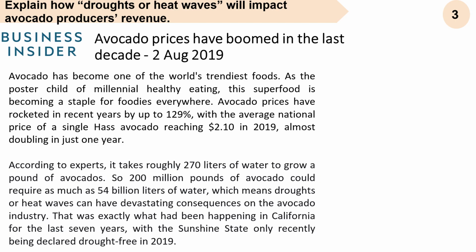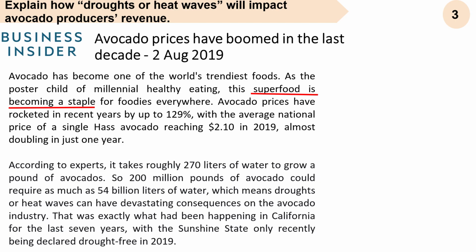Can. So the first thing I took note of was the superfood is becoming a staple. So PED more than 1 or less than 1, easier. Superfood is becoming a staple. So does that mean that the PED for avocados is more than 1 or less than 1? Less than 1.